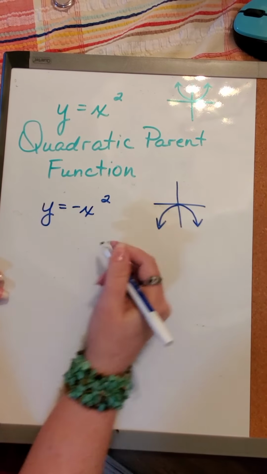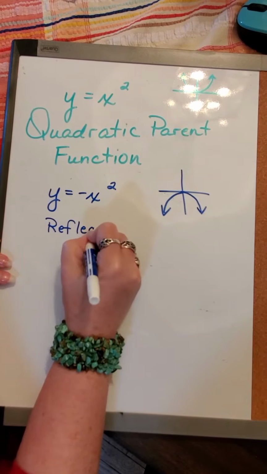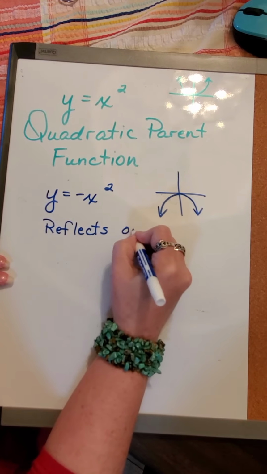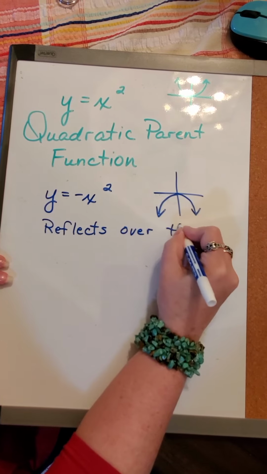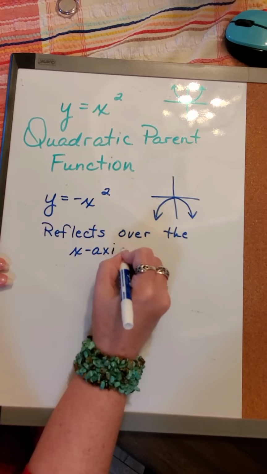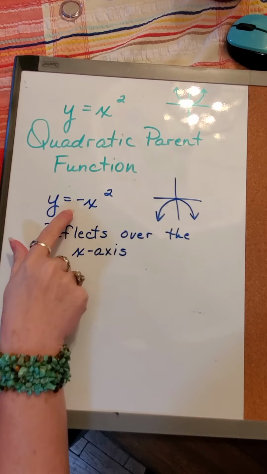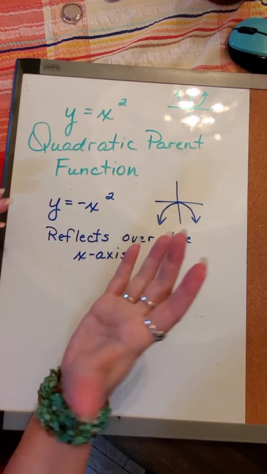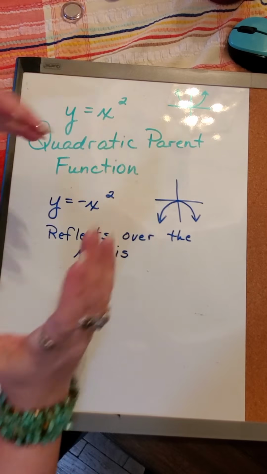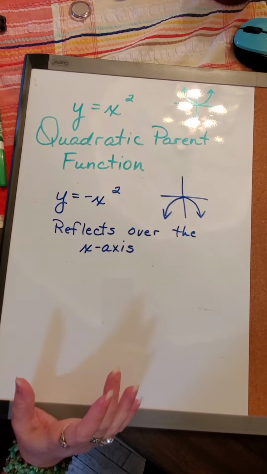And what we would say is it reflects over the x-axis. So a negative put in front of the function literally takes the graph, if we had this graph going up like this, and flips it upside down.